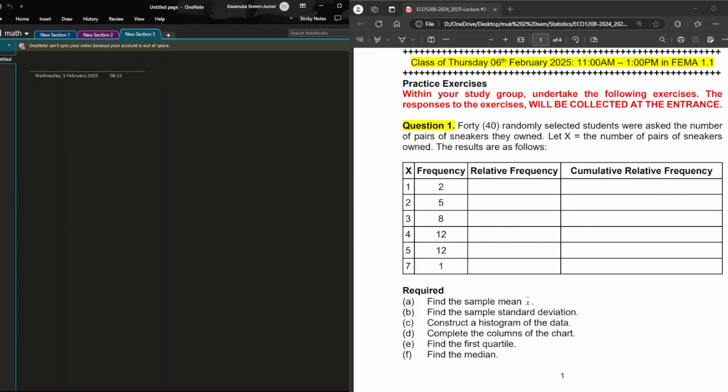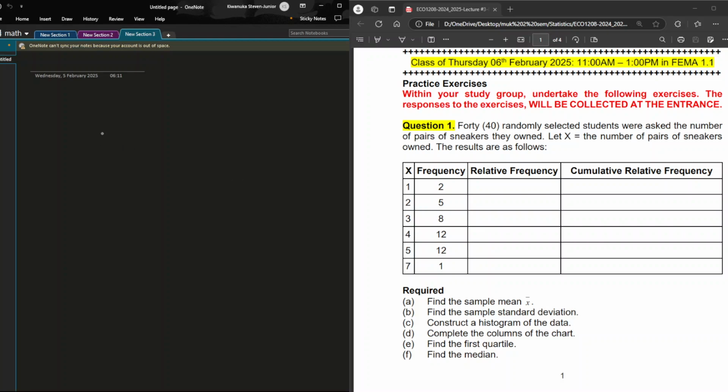And what does it mean for data to be grouped or ungrouped? Grouped data is arranged according to intervals like 1 to 4, 5 to 8. But when you look at this, it is ungrouped. So that is the brief explanation.